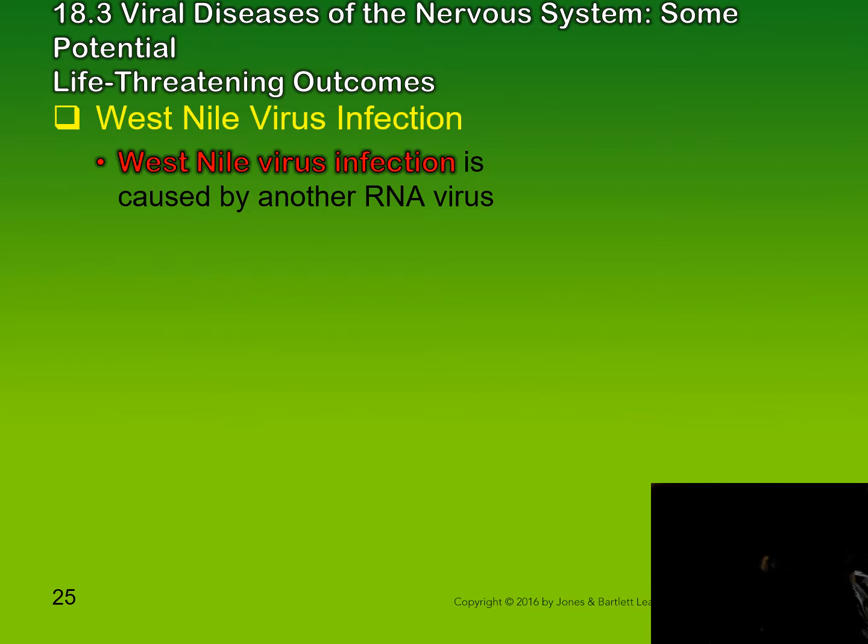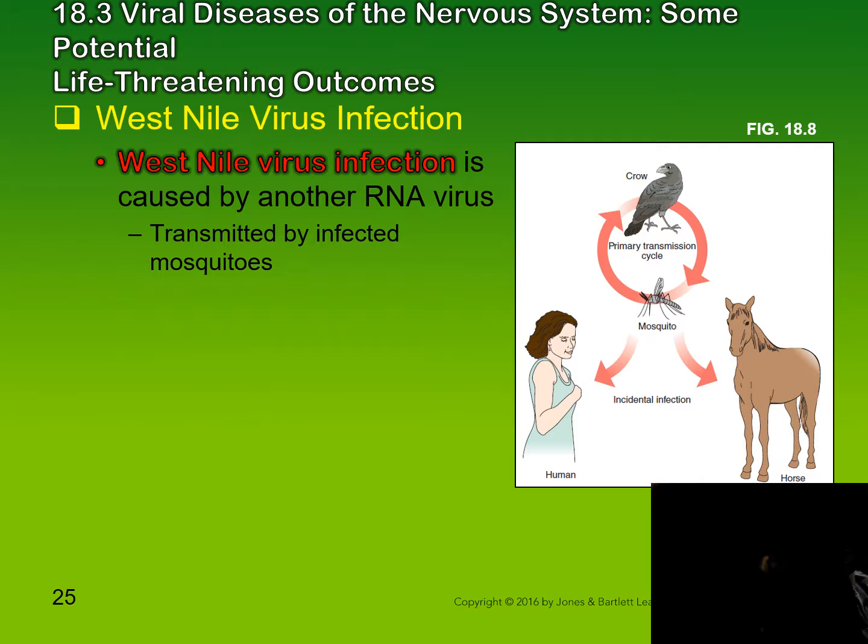West Nile virus infection is caused by another RNA virus and is transmitted by infected mosquitoes. You can see the transmission cycle: a mosquito will have taken a blood meal from, say, a horse, and then it can go into a bird, a crow in this case, and that bird becomes the primary reservoir.